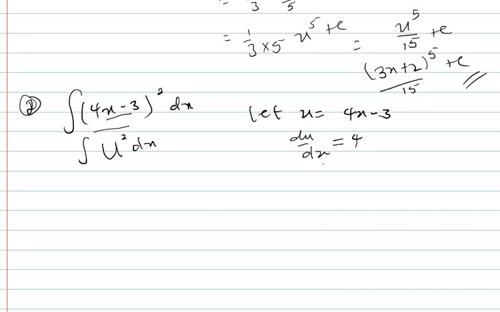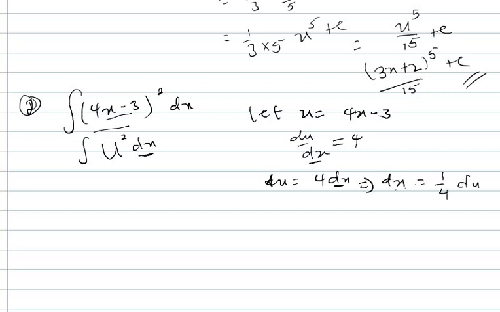So from here we can make dx the subject of the formula so that we can put it here. We can say du is equal to 4 dx, so dx is equal to 1 over 4 du.